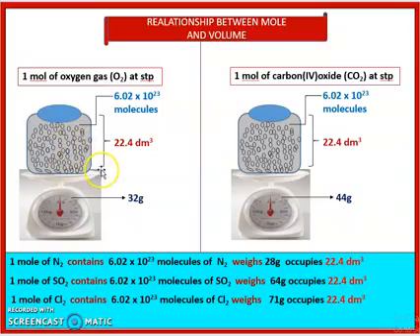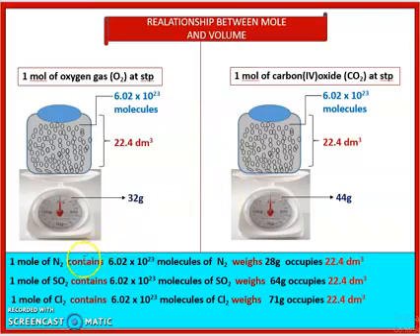And the space it occupies is from here to here, which is 22.4 dm3. 1 mole of carbon dioxide at STP occupies this space, which is 22.4 dm3 volume. So no matter the gas, as long as it's 1 mole at STP, it occupies the same volume.